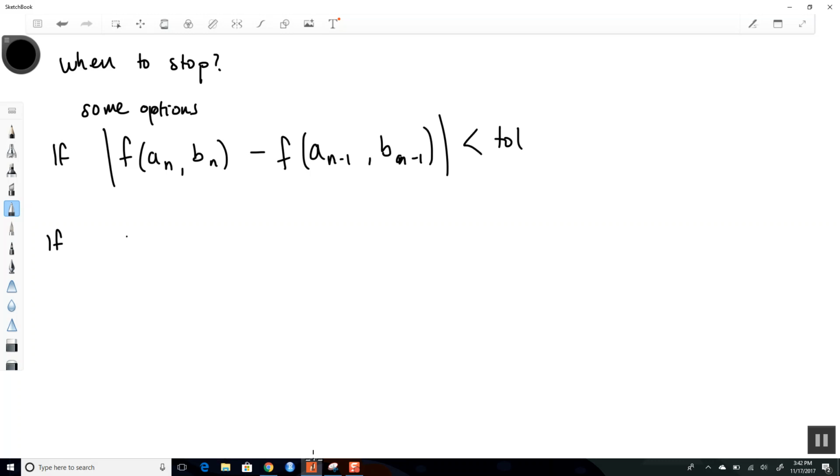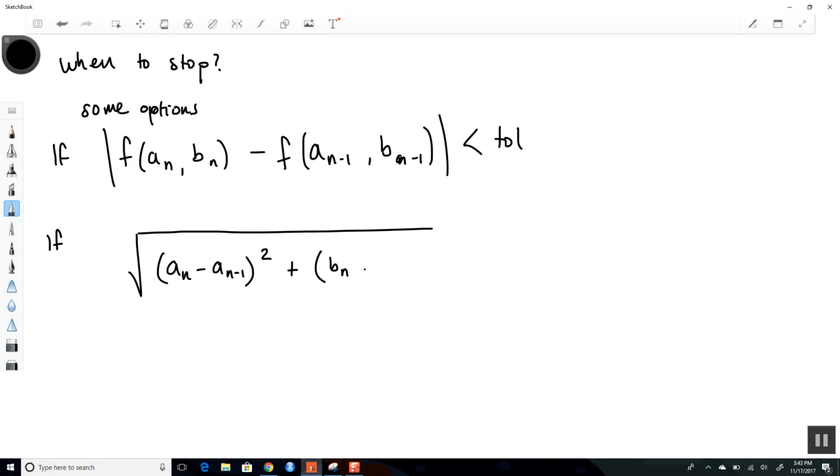We can also do, if the Euclidean distance between a and b at your previous iteration, time n minus 1, and a and b at time n, if that Euclidean distance is less than tolerance.